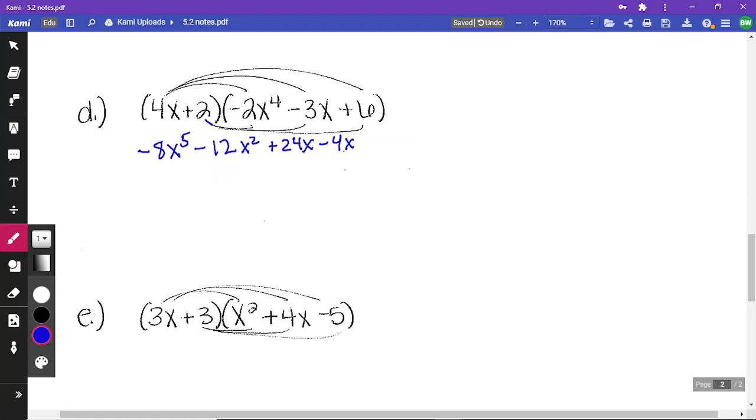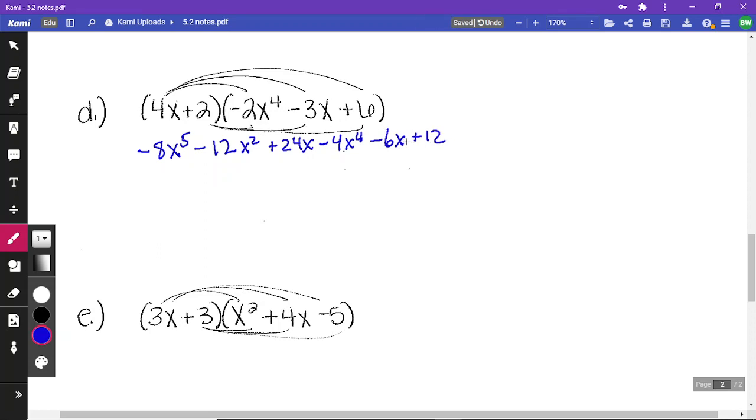This is what I'm multiplying, 2 times negative 2x to the 4th. So it's negative 4x to the 4th. Well, there it is. And then 2 times negative 3x is negative 6x. And then 2 times 6 is 12.